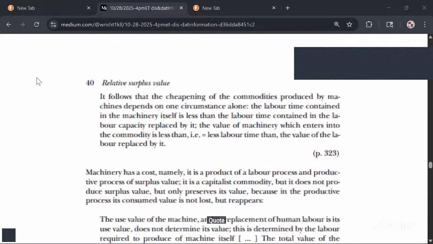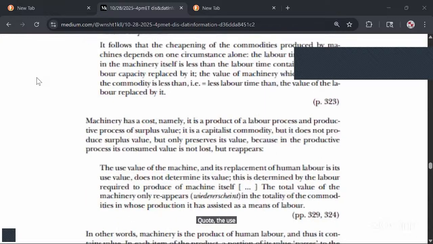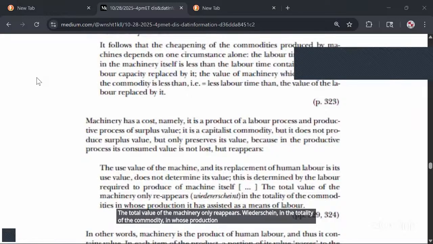Quote, the use value of the machine and its replacement of human labor, its use value, does not determine its value. This is determined by the labor required to produce the machine itself. The total value of the machinery only reappears, Wiederscheint, in the totality of the commodity in whose production it has assisted as a means of labor.